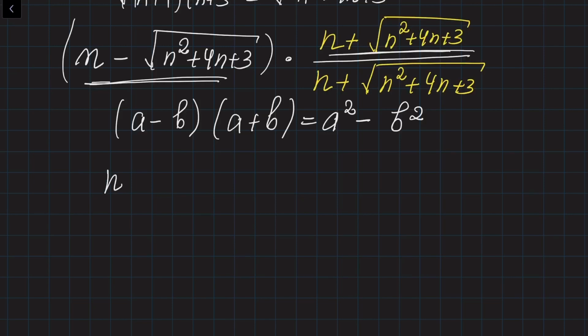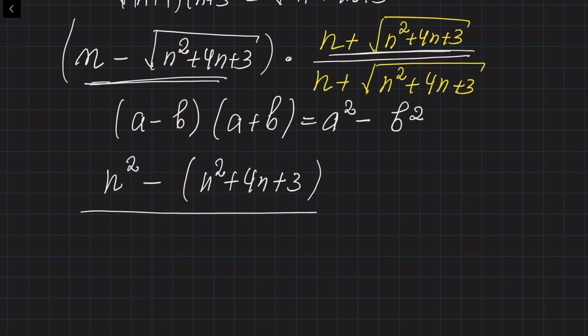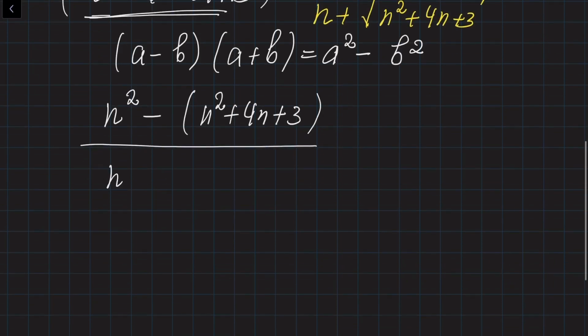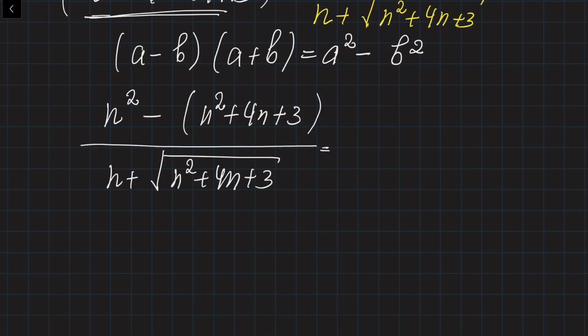It's going to be n squared minus the square of the square root, which is n squared minus (n squared plus 4n plus 3), and this is divided by n plus square root of n squared plus 4n plus 3. If you open the brackets, the n squared terms are there.